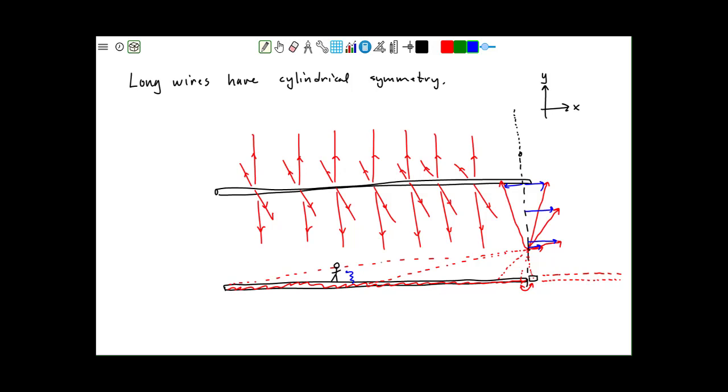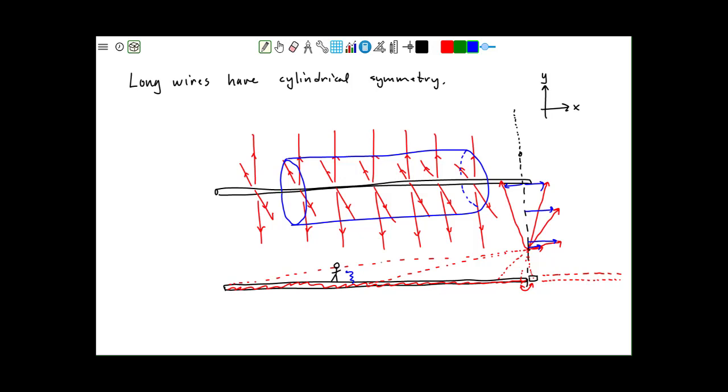So if we are far enough from the edges, this line of charge has cylindrical symmetry, which means that the electric field has cylindrical symmetry.